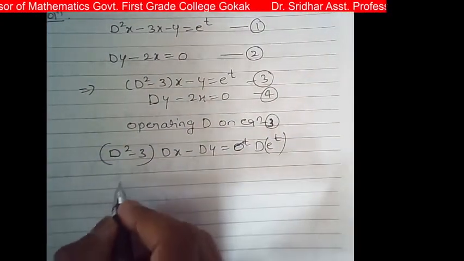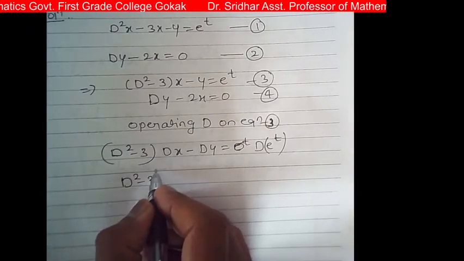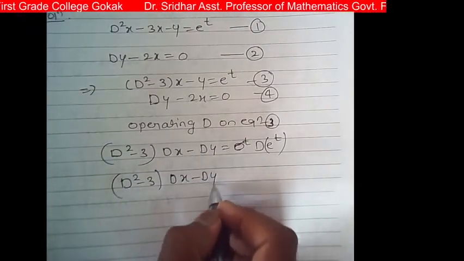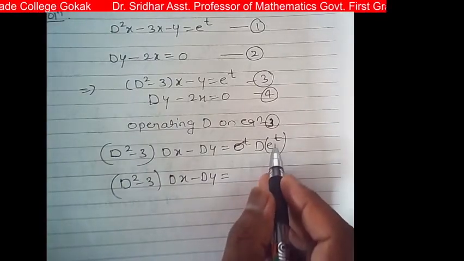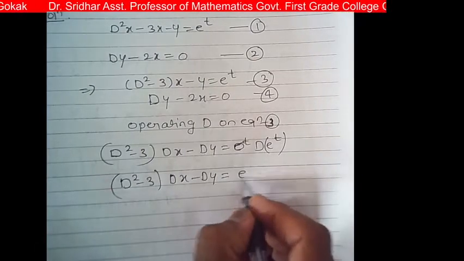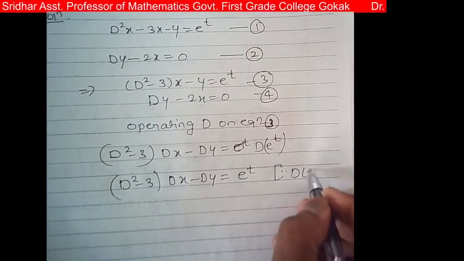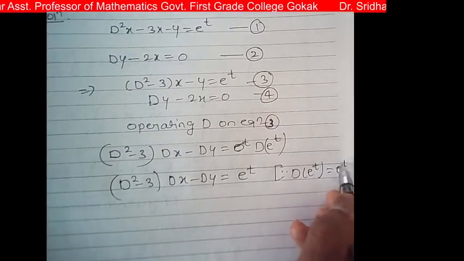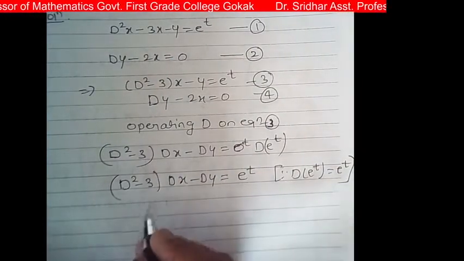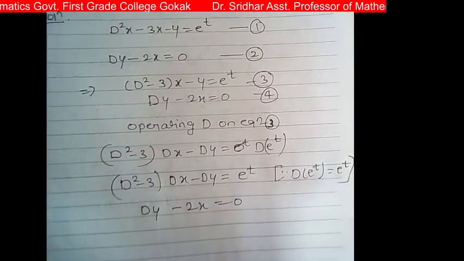Which gives D squared minus 3 Dx minus Dy equal to, now D of e raised to t, D means differentiation, so differentiation of e raised to t is e raised to t only. Okay, now we take the fourth equation, that is Dy minus 2x equal to 0.